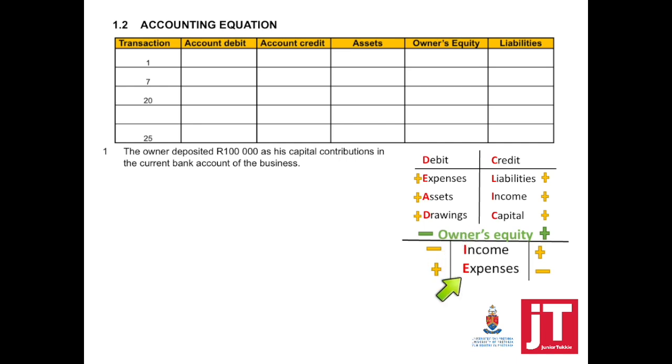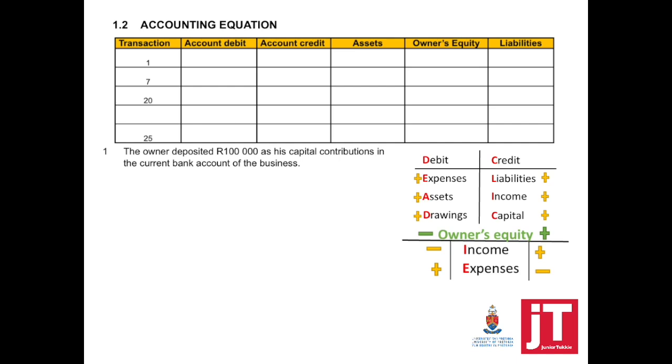If you look at owner's equity, remember in chapter 1, we went into this and we said, income will always increase on the credit side and will decrease on the debit side. And how does that affect your owner's equity? If my income increases, it will have a positive effect. If it decreases, it will have a negative effect. If I look at expenses, it will always increase on the debit side and decrease on the credit side.